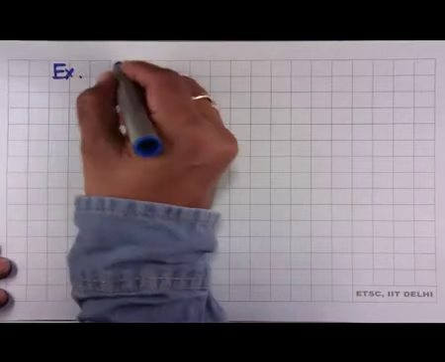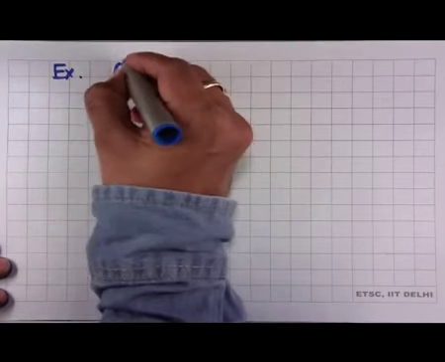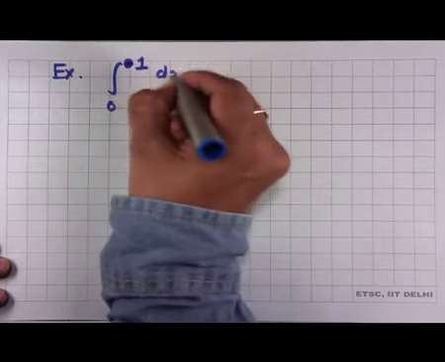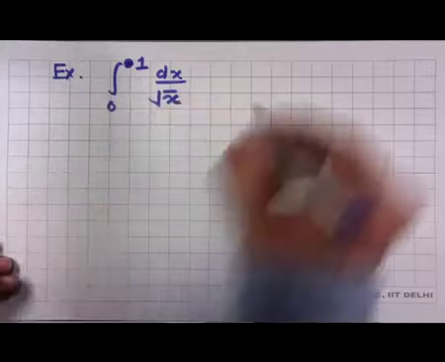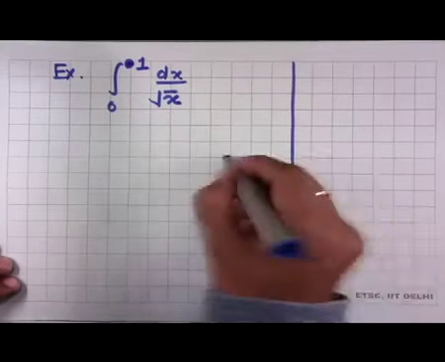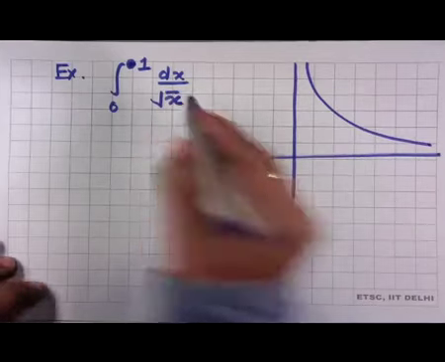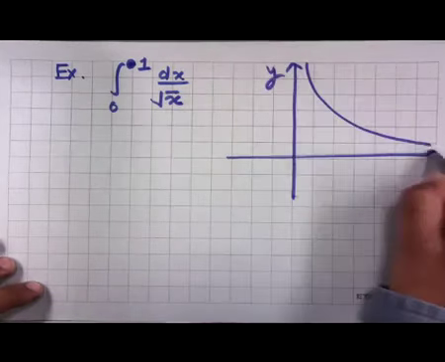Take one more example, 0 to 1 dx over root x. If you plot this curve, you get 1 by root x tends to infinity at x equals 0, this is y axis, this is x axis.